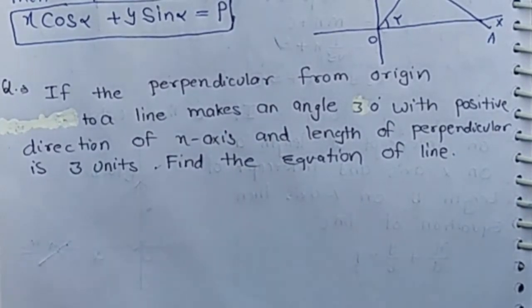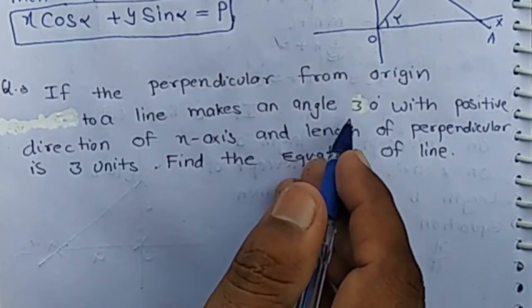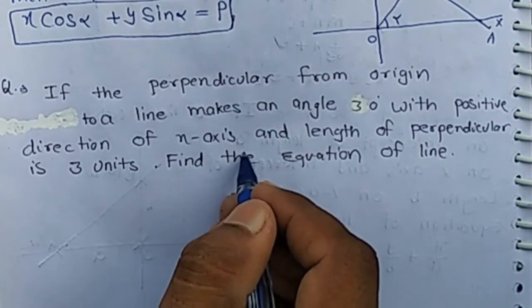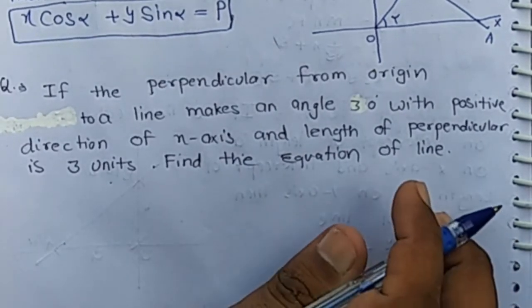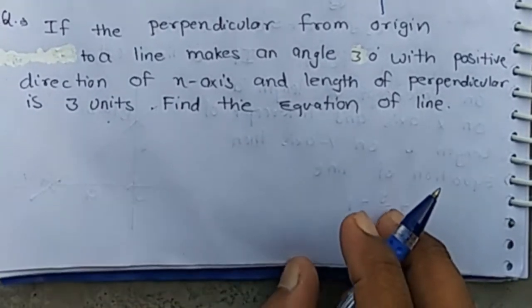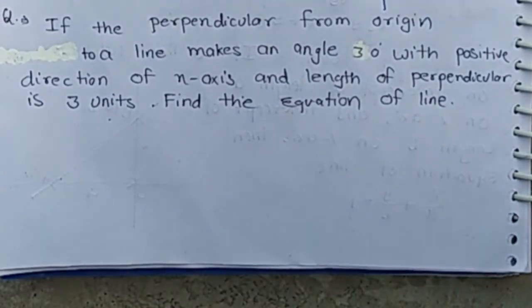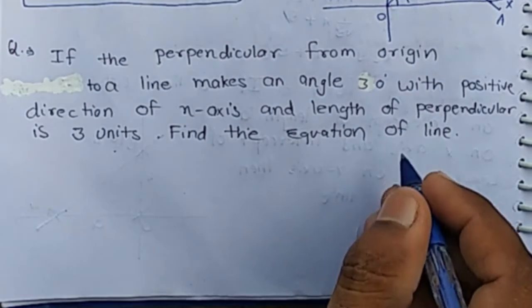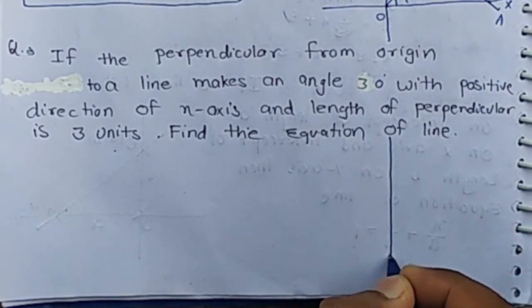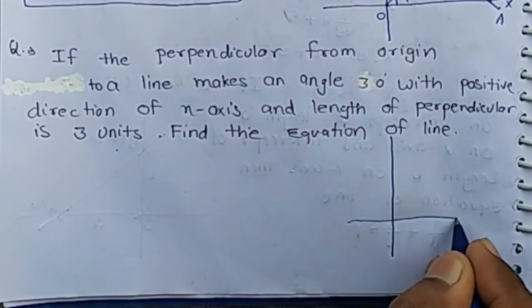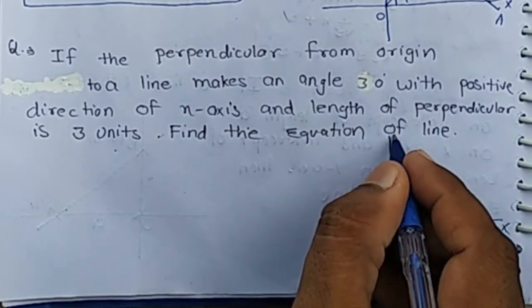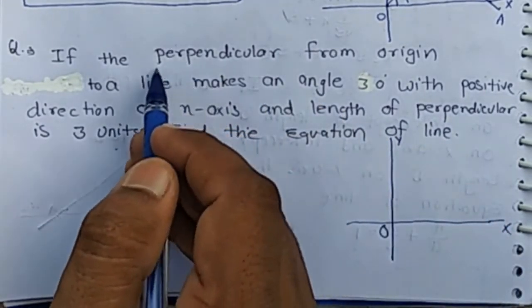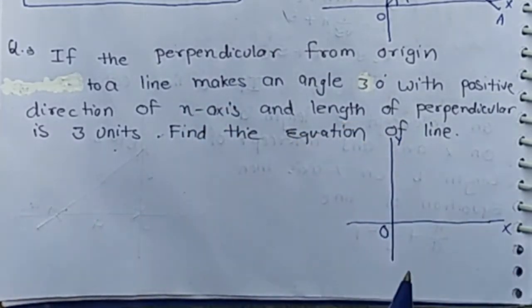If the perpendicular from the origin to a line makes an angle of 30 degrees with the positive direction of x-axis and the length of the perpendicular is 3 units, find the equation of the line. That is, it is OX, OY, the perpendicular from the origin to a line.